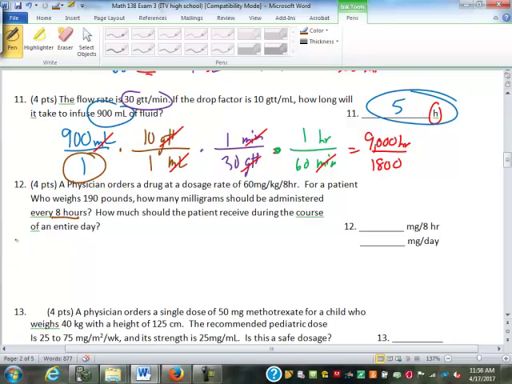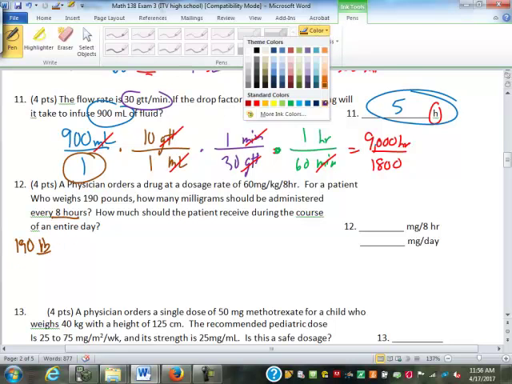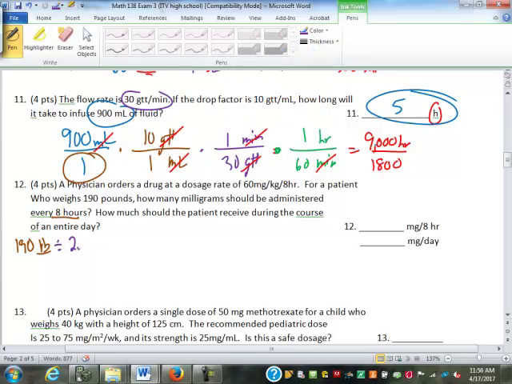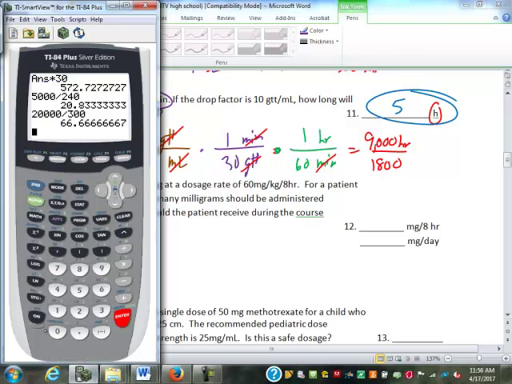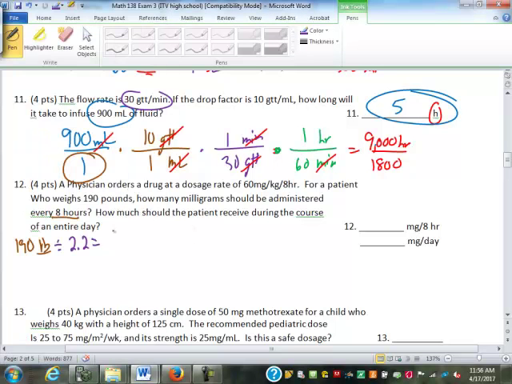So we're going to start out with the 190 pounds, and as always, we need to start by converting that to kilograms. So 190 divided by 2.2 is going to give us 86.36 kilograms. So now we take the 86.36 kilograms, put it over 1.